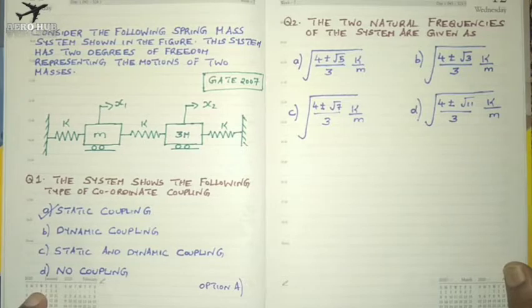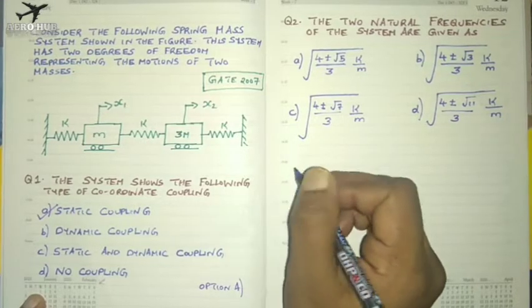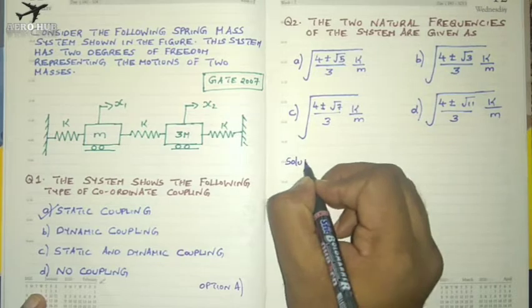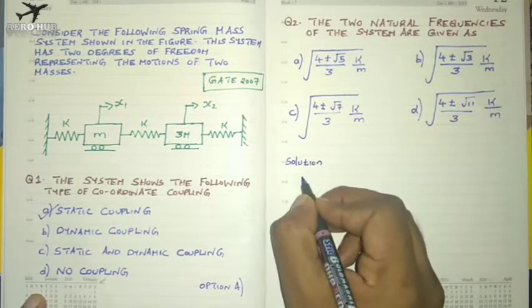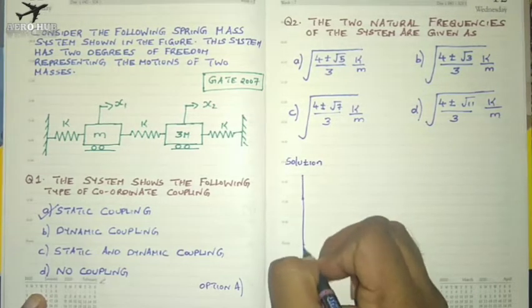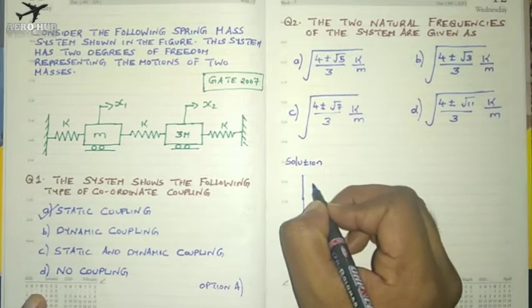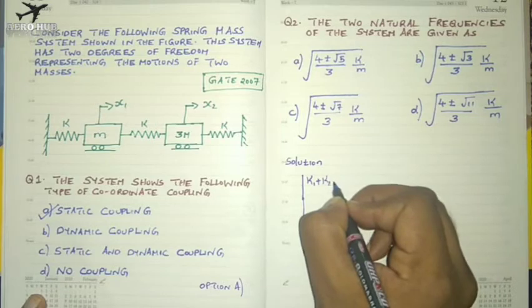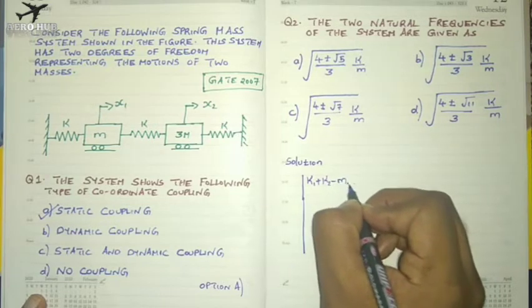To find the natural frequencies, we have to use the characteristic determinant, and from it find the characteristic equation. You can see the characteristic determinant here: k1 plus k2 minus m1 omega square, minus k2, minus k2, k2 plus k3 minus m2 omega square, and this should be equal to 0.